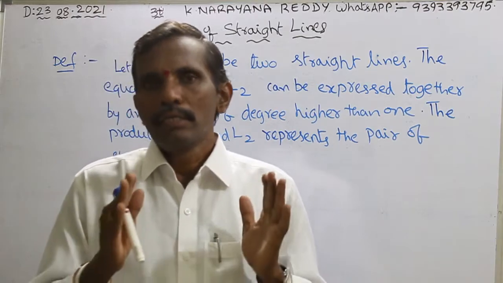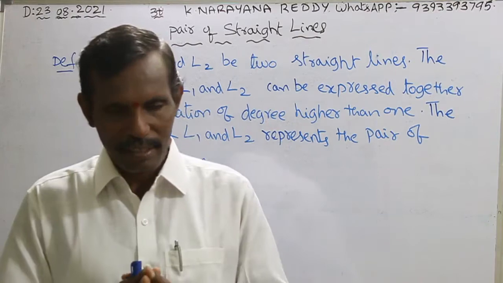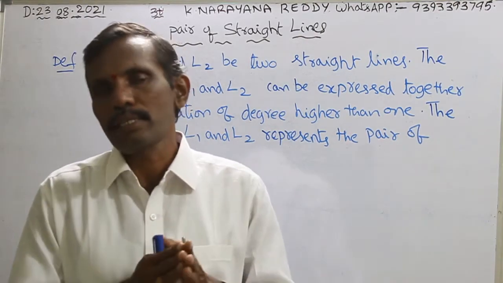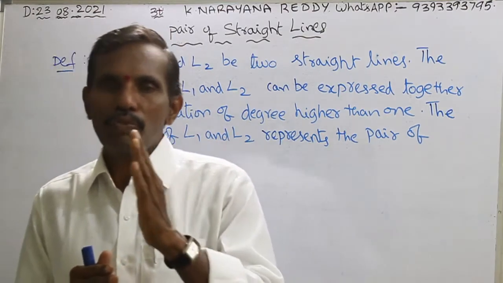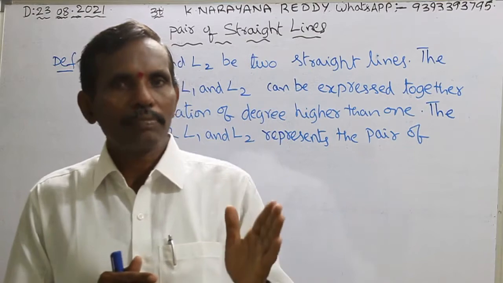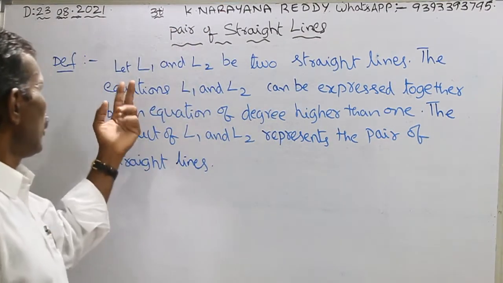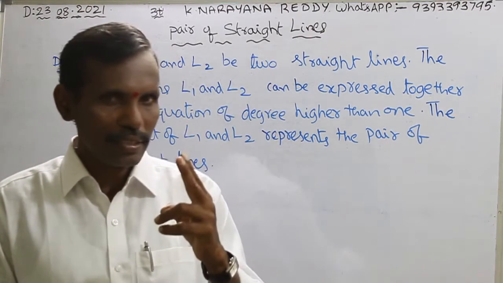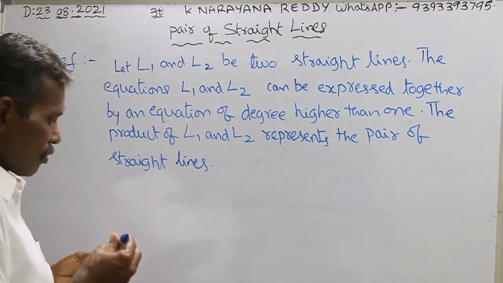The form of a straight line is nothing but ax plus by plus c equals 0. But here two lines are there, that is why we take a1x plus b1y plus c1 equals 0, and a2x plus b2y plus c2 equals 0. That's all. See here, let L1 and L2 be two straight lines. You know what the form of a straight line is.